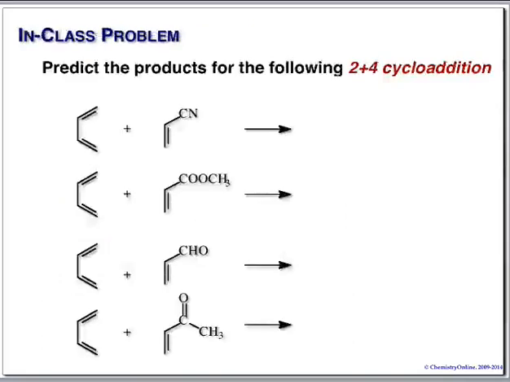Well, let's look at some examples here. Go ahead and do the products for these very simple 4+2 cycloadditions. Remember, carbons 1 and 4 on our diene are going to react with the 2 carbons of our dienophile.